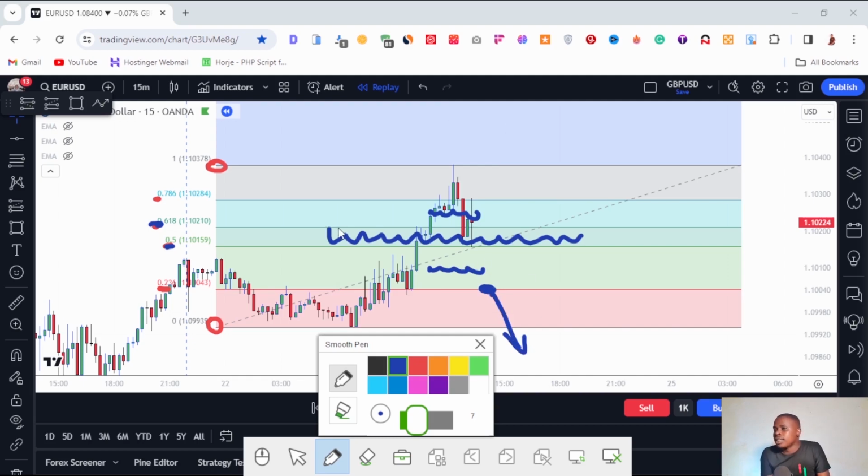But this zone is the only zone that I want you guys to think of. Most of the time, this zone is also going to come closer to your previous level of structure. And if this zone is the same zone as the previous level of structure, you have a high probability trade.